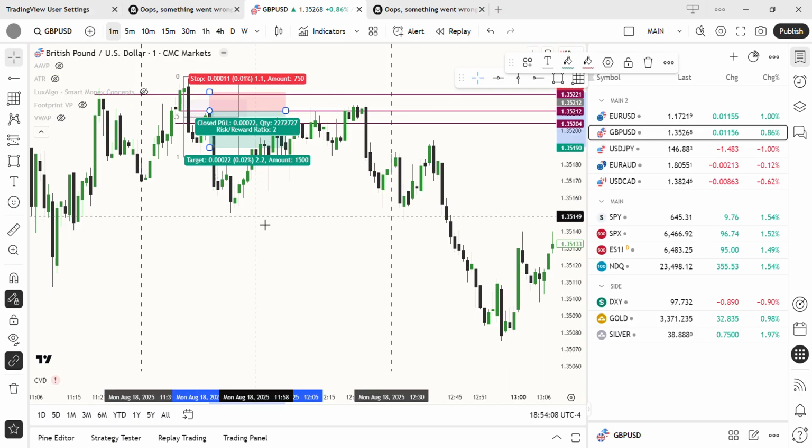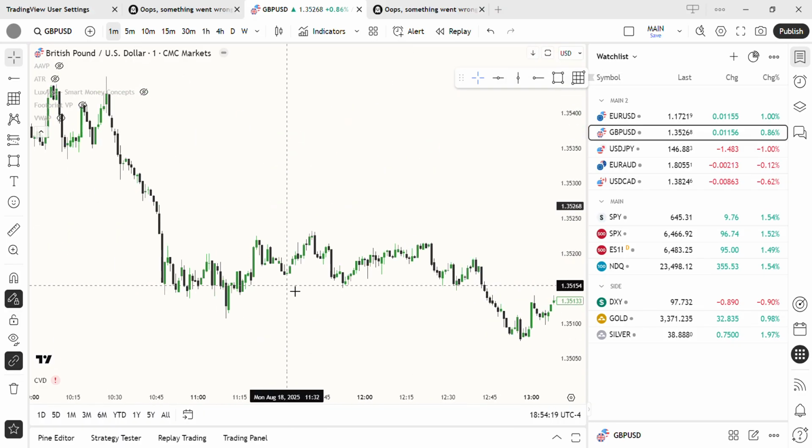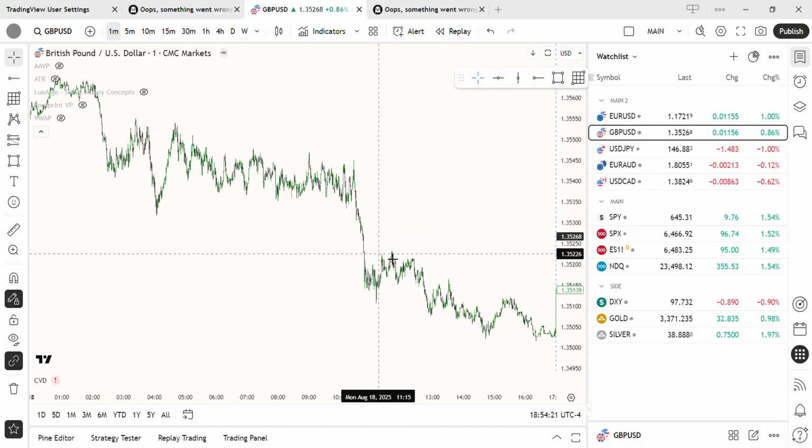I was just writing that down. 1.1 to 2.2 pips. Okay. Let's go to August 19th.